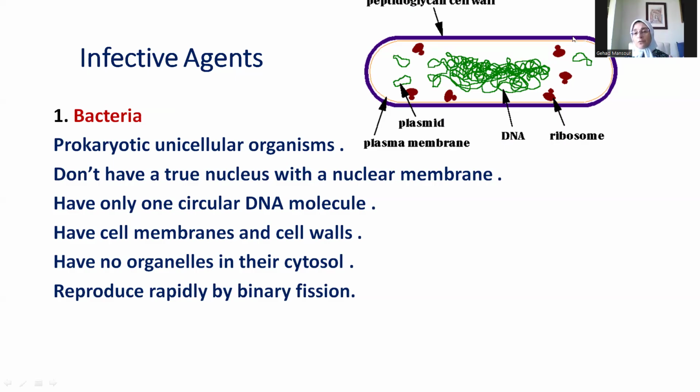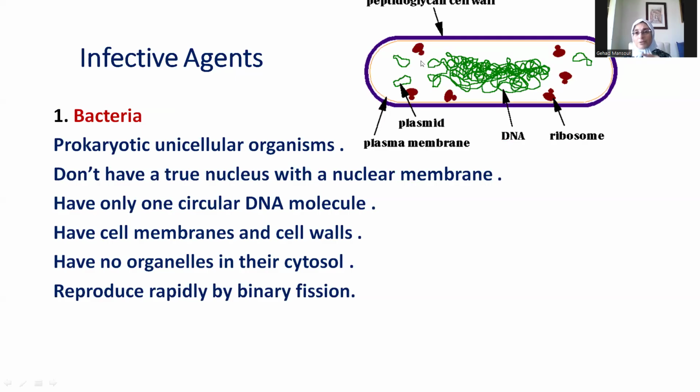Another characteristic of prokaryotes is that they have a cell wall. You might be asking yourself, but plant cells have a cell wall. Yes, but prokaryotes have a cell wall that's made of peptidoglycan, peptides and carbohydrates. Furthermore, they have a cytosol, the jelly-like substance around the organelles, but all cells have cytosol.